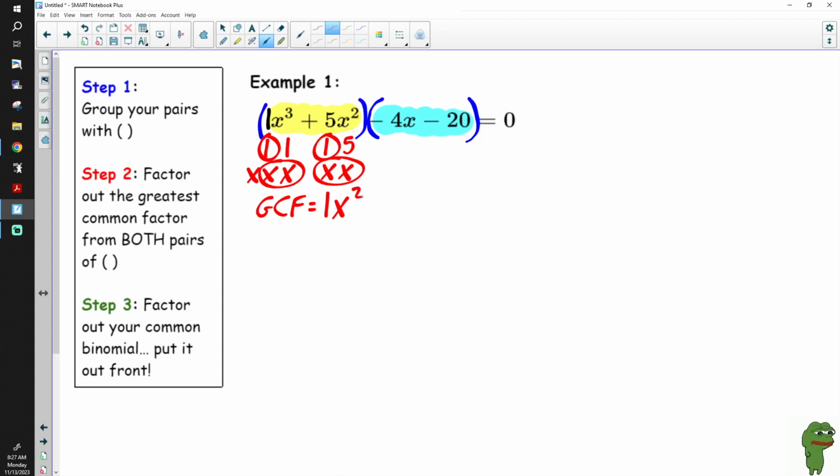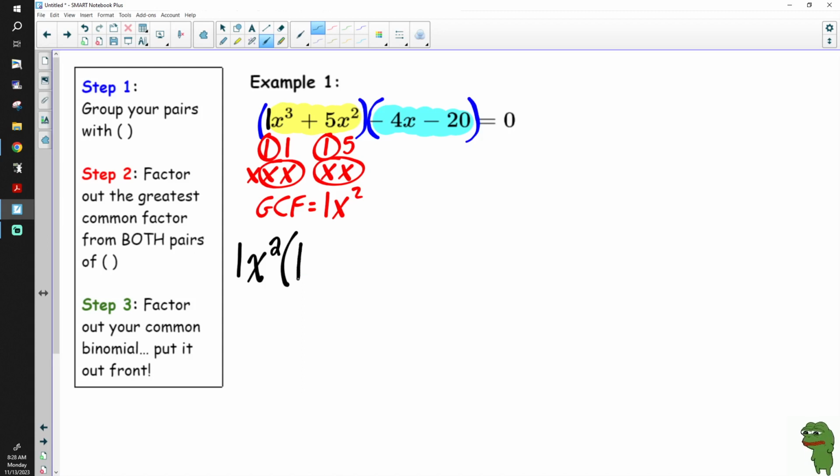All right. What do we always do when we find a GCF? We put it in front and do what to the inside? Divide. So let's do that. So let's put our 1x squared in front and write what's going to be left over. 1 divided by 1 is 1.